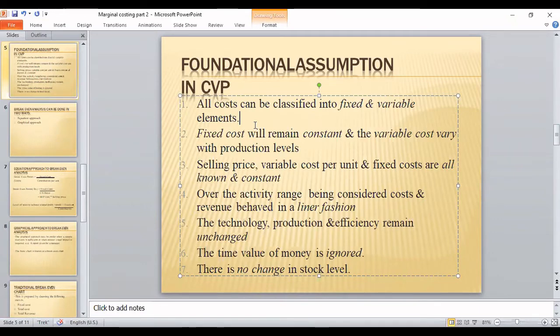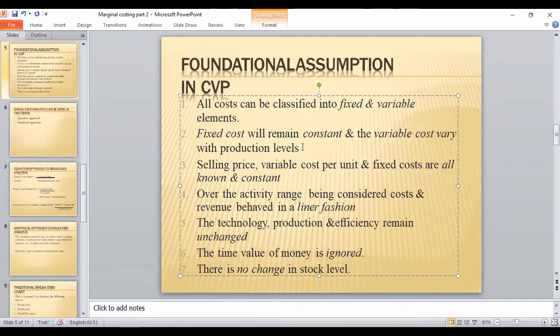Yes, sir. They are saying that each and every cost can be classified into fixed and variable cost. That is the basic assumption of marginal costing, or we can say cost volume profit analysis. Then they are saying the fixed cost will remain constant and the variable cost varies with the production level. That is true. Correct. And that assumption we have to take here.